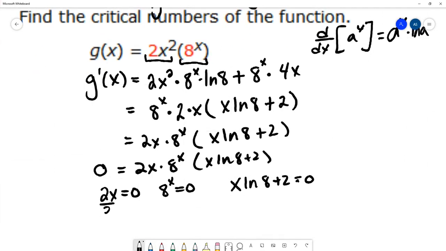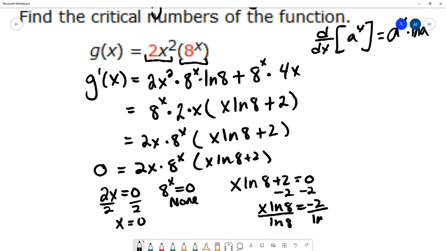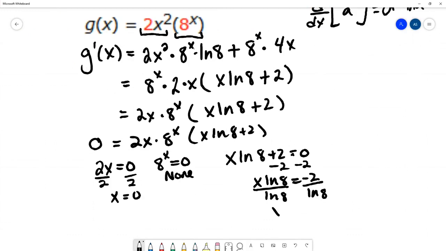So 2x equals 0, I'll divide by 2 to get x equals 0. 8 to the x is always positive, so this gets no solution. And on this one, I will subtract 2 on both sides. x ln 8 equals negative 2. Divide by ln 8. And I get x equals negative 2 over ln 8.